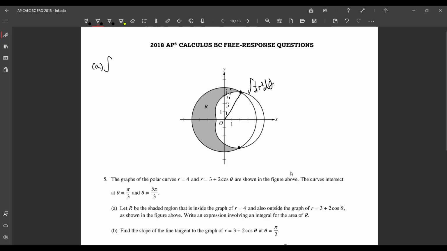So what I'm going to do is integrate from pi over 3 to 5 pi over 3, and then I have 1/2, and then I have 4 squared minus quantity 3 plus 2 cosine theta, squared, d theta. And then it doesn't say to compute, it just says write an expression, so that should be good.